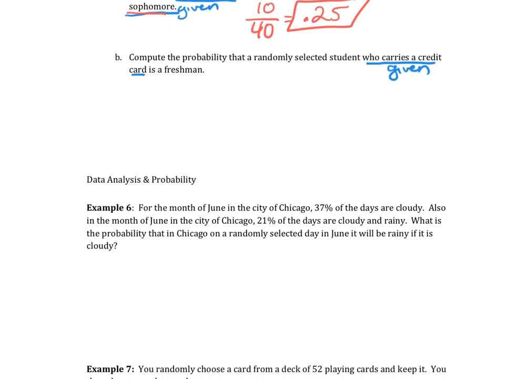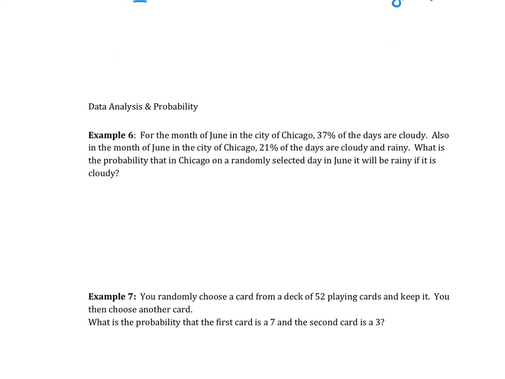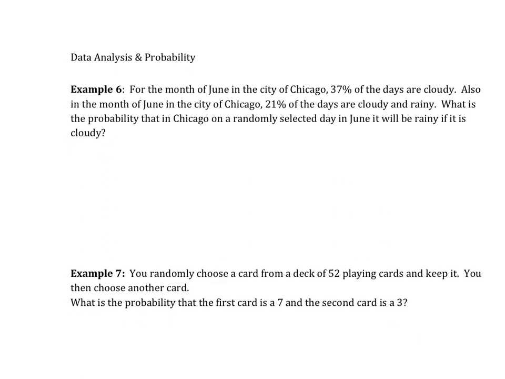Okay. Example 6 now is a situation where I'm giving you the probabilities. These are in percent form right now. We want to make sure that before we do any calculations, we write our percents as decimals. Write percents as decimals before doing any calculating.